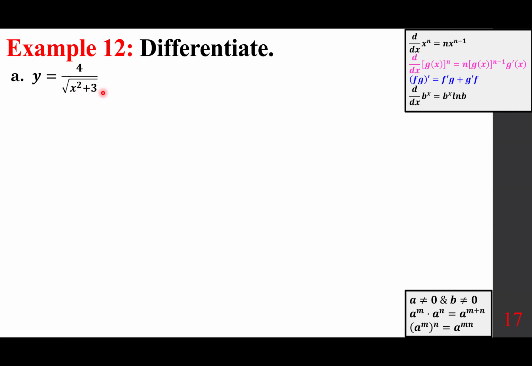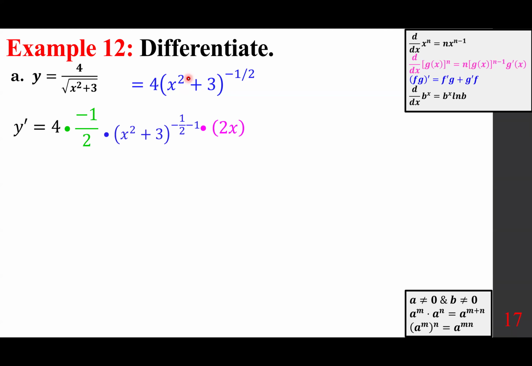This is x squared plus 3 to the power of positive 1/2 comes up, becomes negative 1/2. Get it ready to use the extended power rule. And so we start with 4, of course, and then extended power rule: n is negative 1/2, g of x to the power of n minus 1, the same thing to the power of minus 1/2 minus 1. And then g prime, the derivative of the inside, is 2x. And we're done with calculus.